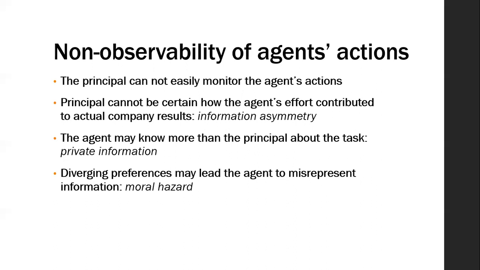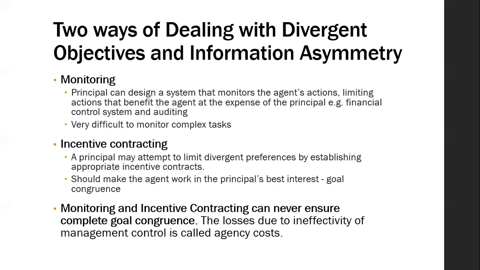Now, there are two ways of dealing with divergent objectives and information asymmetry. First is monitoring, and second is incentive contracting. With monitoring, the principal can design a system that monitors the agent's actions, limiting actions that benefit the agent at the expense of the principal, for example internal control, auditing requirements, etc. But it's very difficult to monitor complex tasks or decisions that are not easy to understand.